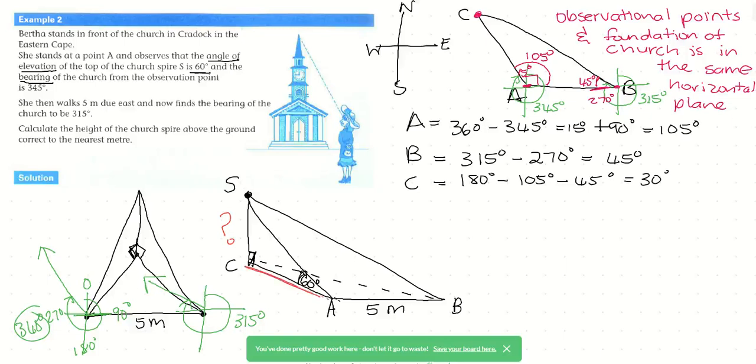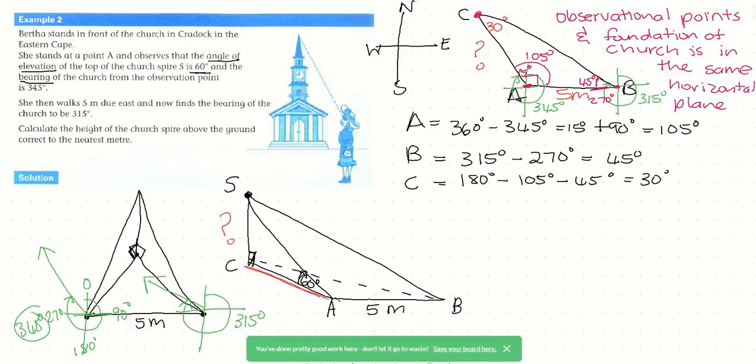I want to know what this common side length is going to be. I have that angle, I have that angle, and I have this length. Remember, that's 5 meters. So how do I use it to calculate this side? Oh, and I've got this angle. What did we find this angle to be? 30 degrees. So I'm going to use those two, and I'm going to use B. I'm not going to use A to solve because that length doesn't help me at all.